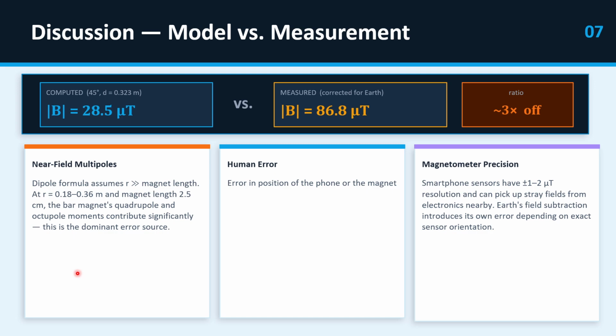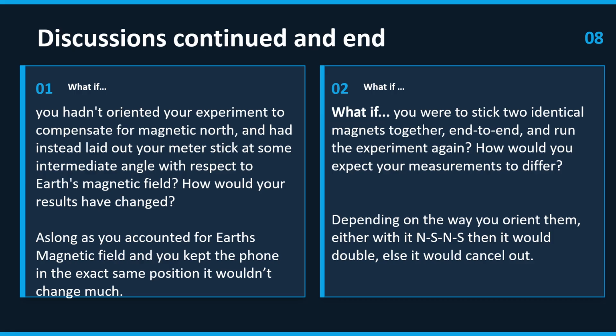And so this can significantly increase the magnitude and throw off the approximation. Of course, it also could just be human error in terms of the position of the phone, and it could also be the limiting factor of the magnetometer in the phone, because it has a range that it can pick up that can throw off the ratio, but that's very small in comparison to what is most likely just the fact that it's too close.